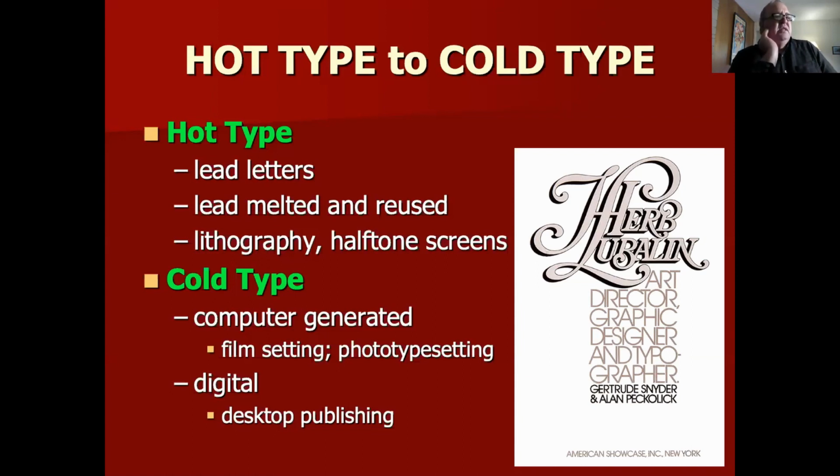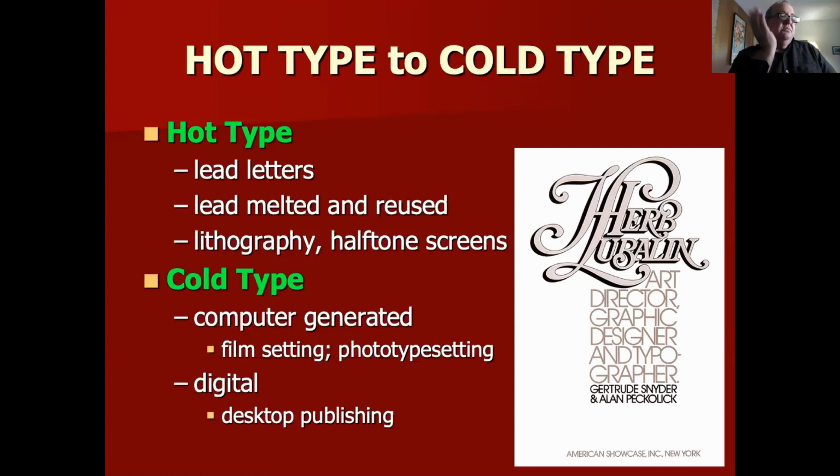But the lead was melted and reused. Every newspaper in the world used a linotype machine, which is a mechanized way of managing the melted lead and forming it into a line of type, or as we would say, a linotype.